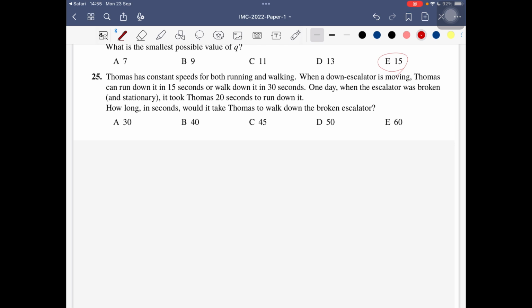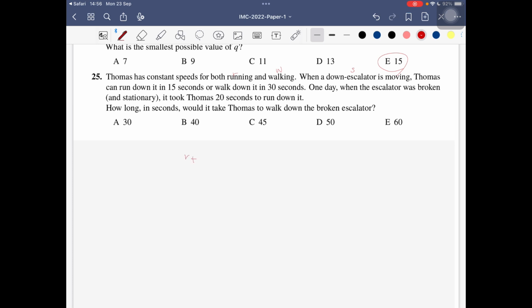So here, the down escalator, when it is moving, has its own speed. Let's call the speed S. And let's call the running speed R, walking speed W. So when he goes down and runs together, the escalator actually helps, so the speeds can be added together.